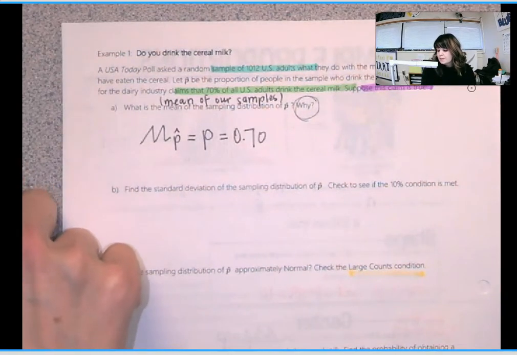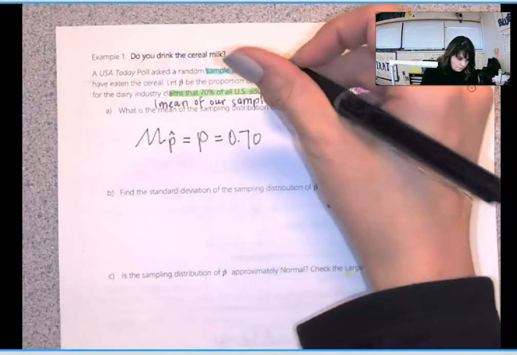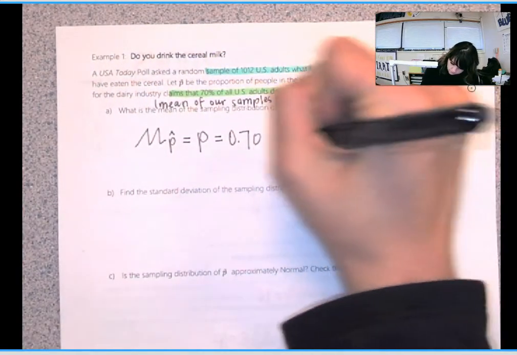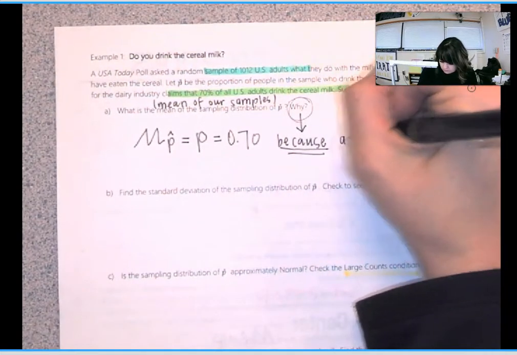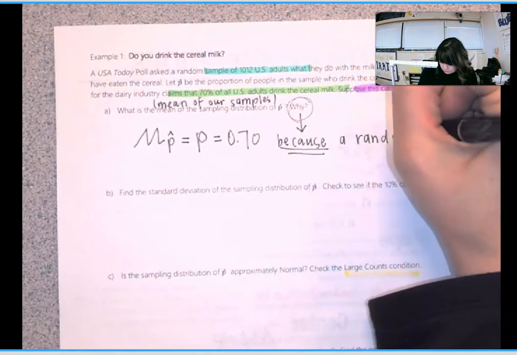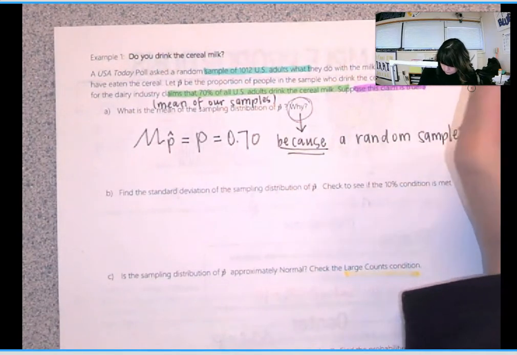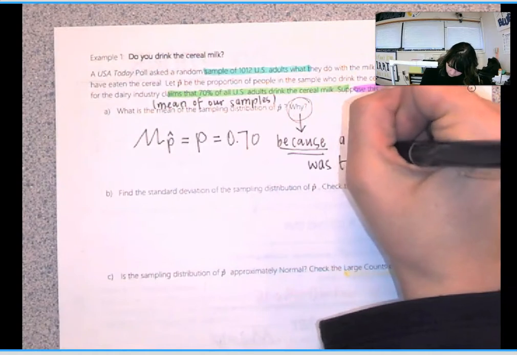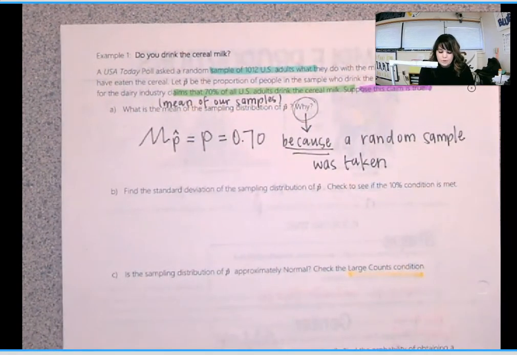Because a random sample was taken. How do I know it was a random sample?